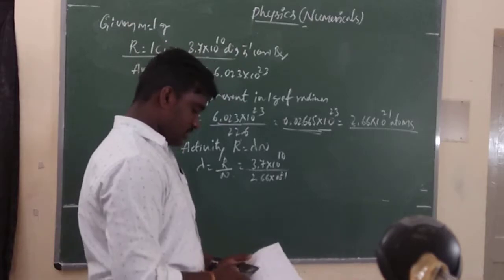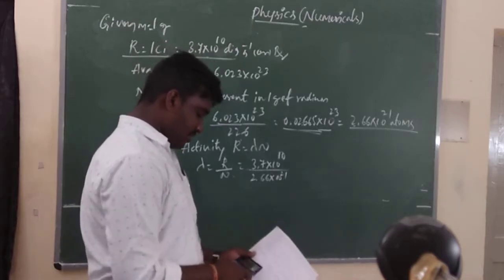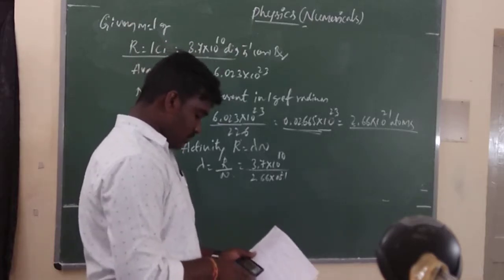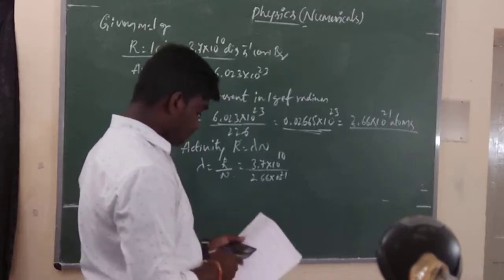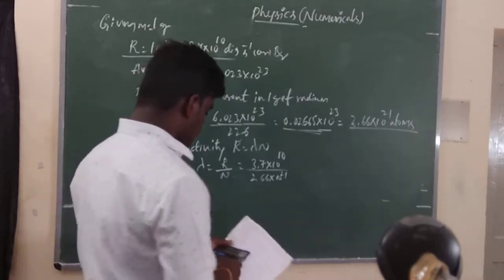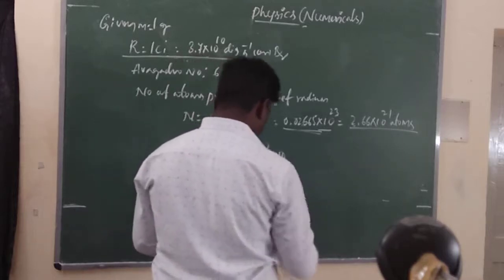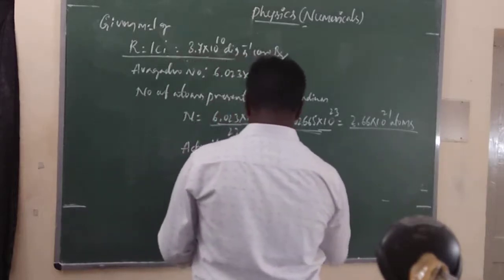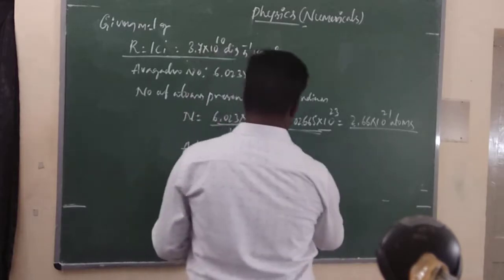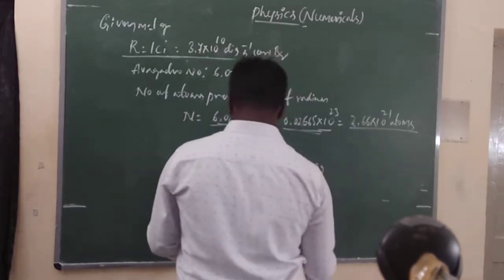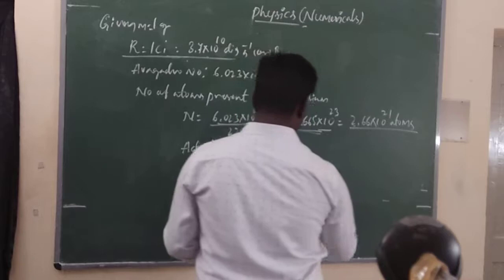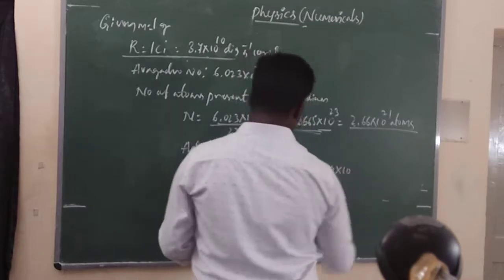So simplify that: 3.7 divided by 2.66, that is equal to 1.3909 into 10 to the power of.